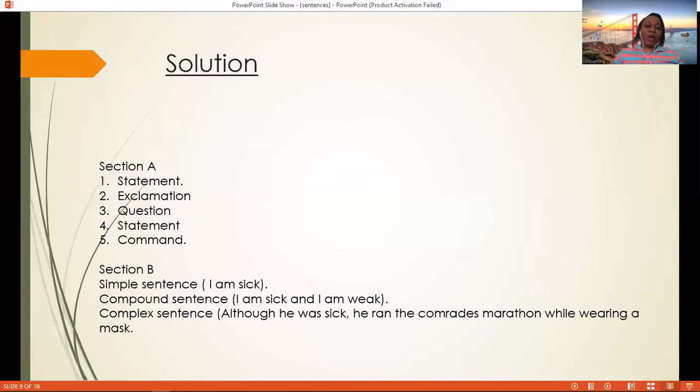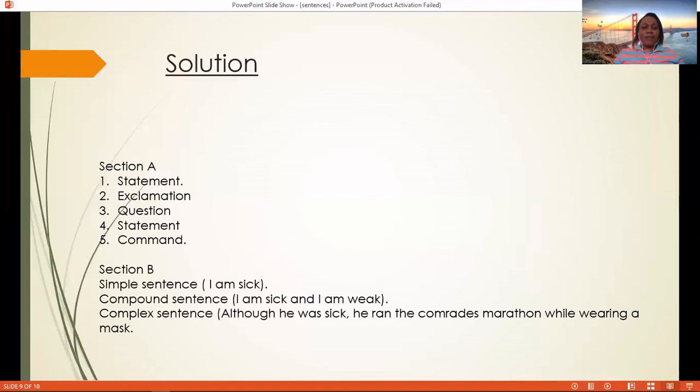Then we come to our last sentence, complex sentence. Although you are sick, I think you can see there my subordinate clause, he ran the comrades marathon while wearing a mask. I'm not sure whether that person was suffering from COVID-19 or any other sickness.